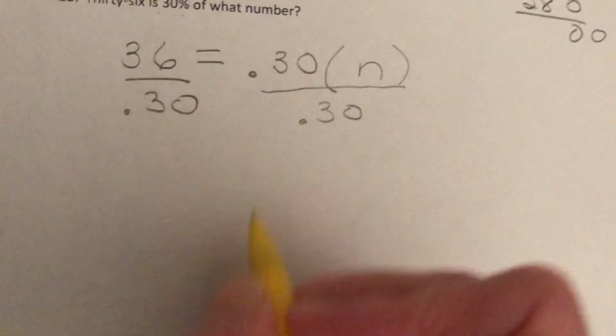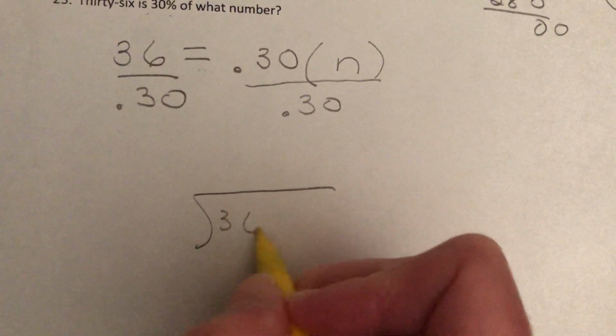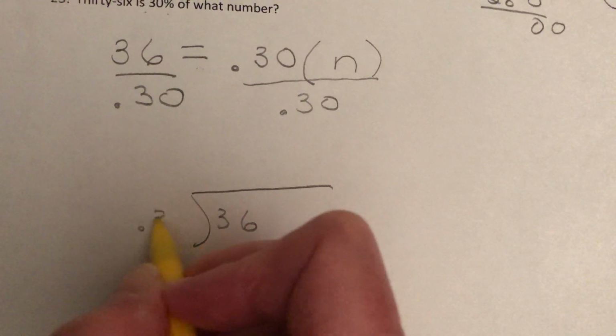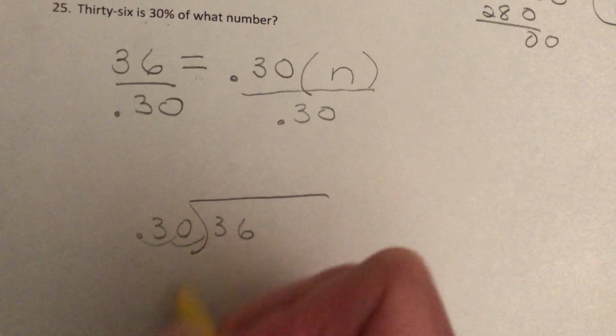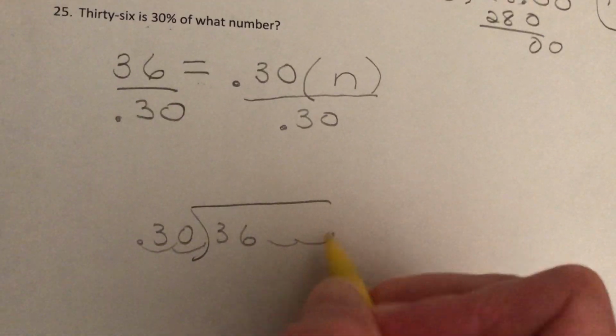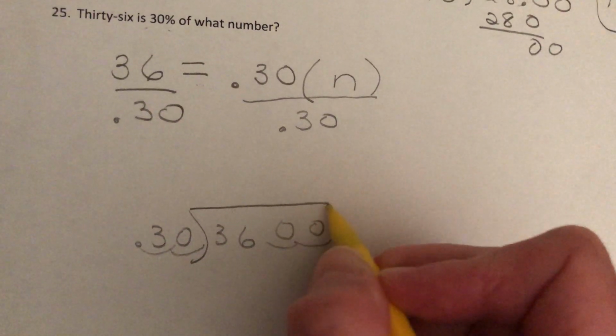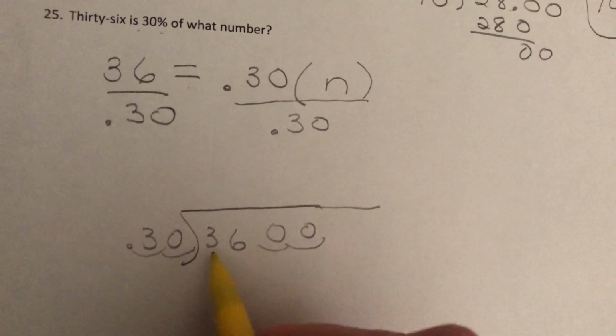Okay, then you do the division. The 36 goes in the box. And now if you divide by a decimal, what you're going to have to do is move the decimal point 2 places to the right, but if you do that here, you're going to have to do that here. Okay, we're trying to keep it equivalent. So we really have 3,600 divided by 30.